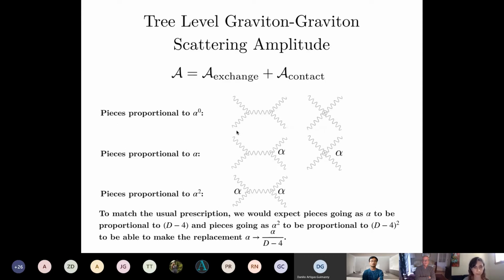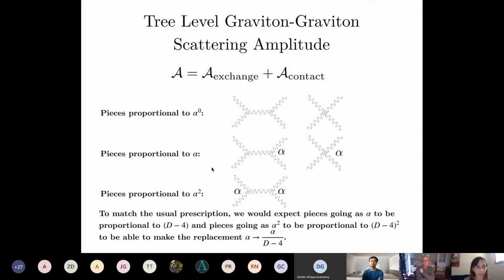Okay, so that's what we did next. We put these pieces together. Any tree-level scattering amplitude can be written in this form, where you have an exchange piece and a contact piece. When we compute the scattering amplitudes, we expect to get something with no alphas, which would correspond to stuff coming purely from GR. You have an exchange diagram and a contact term.